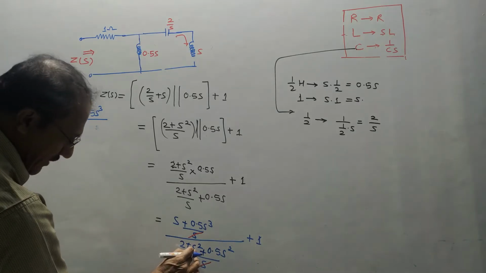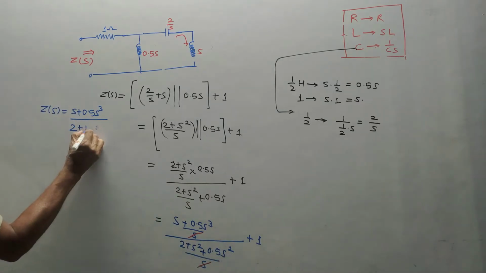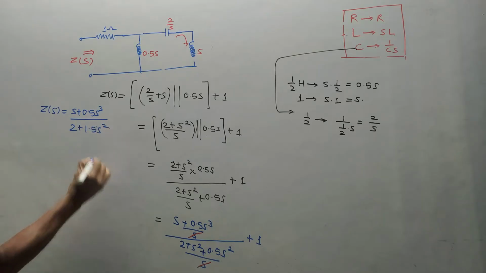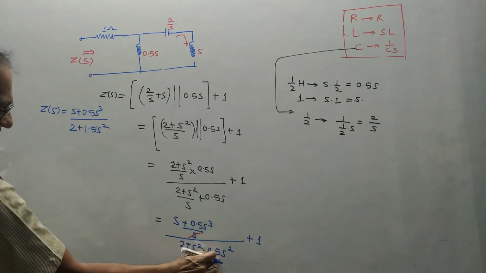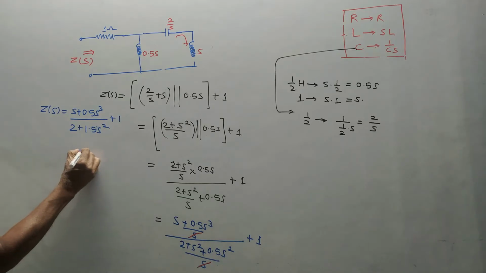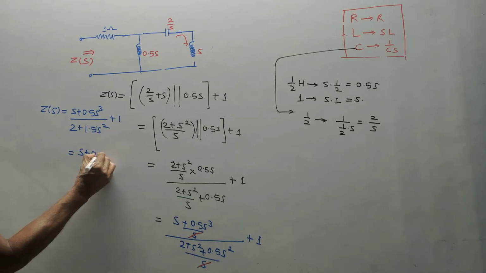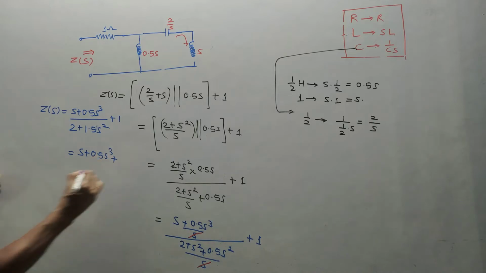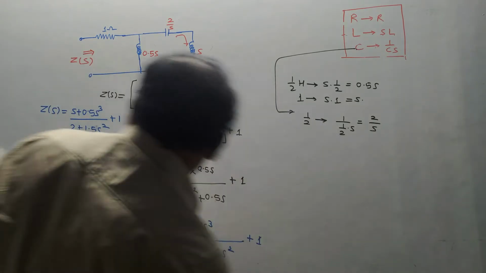This is s square, 1 s square plus 0.5, so it is 1.5 s square. So I have simplified this term, plus 1. Now let us take LCM, so it becomes s plus 0.5 s cube plus this term.